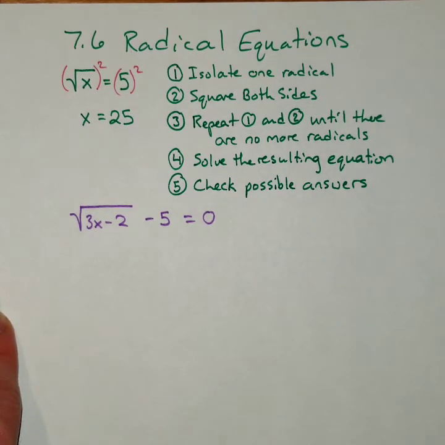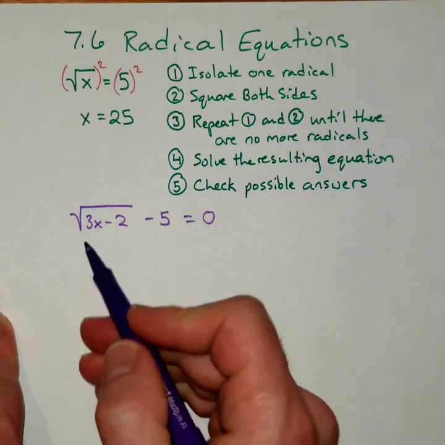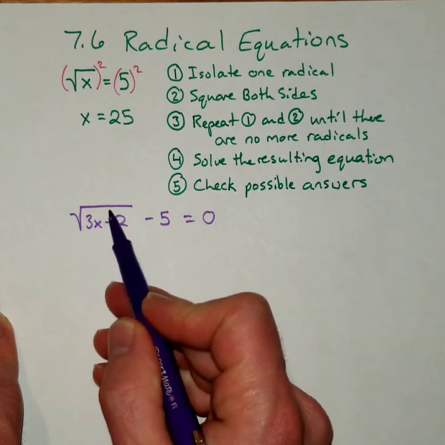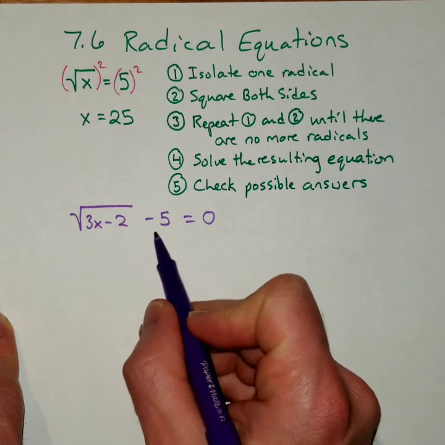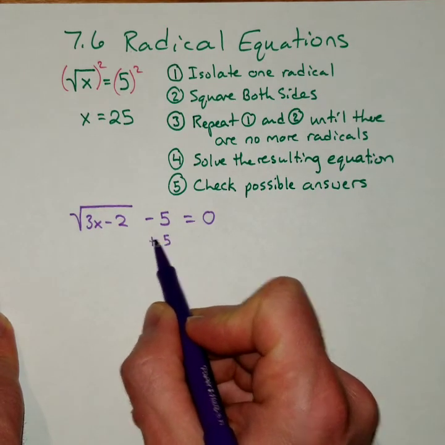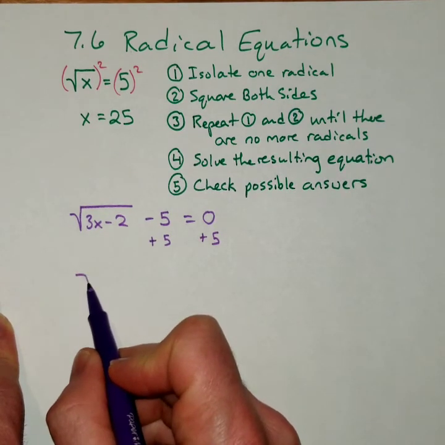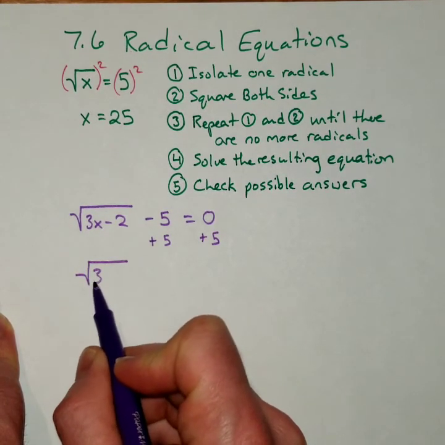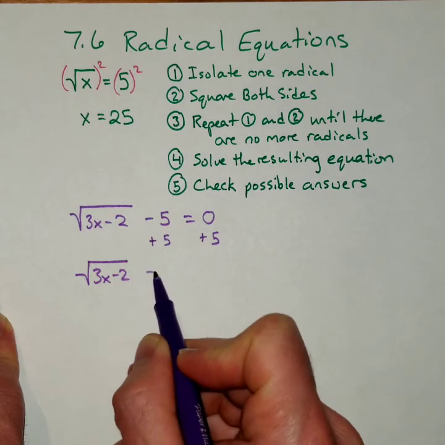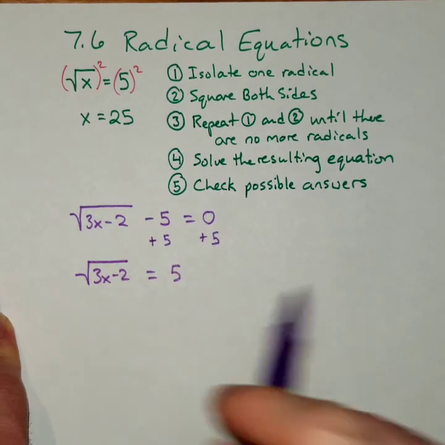Alright, so here we're going to go through the steps. We have to isolate a radical. There's only one in the equation. I want to get that by itself. So anything outside the radical I've got to move to the other side. So here I get the square root of 3x minus 2 is equal to 5.